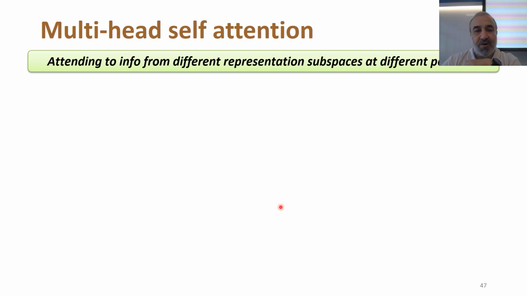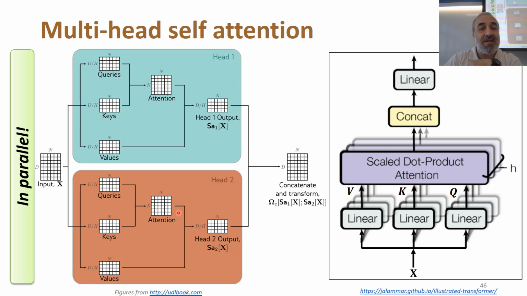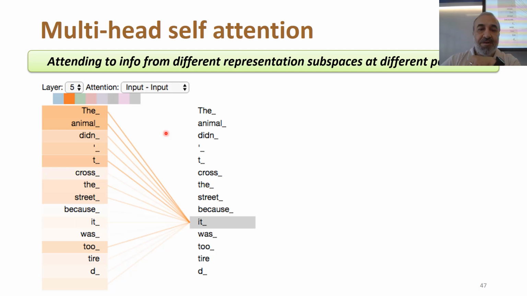And remember that because these are completely independent, it's like we are doing this attention in different representation spaces. In different spaces, we learn different relationships between the words. For example, this is the example that we saw last time. Remember, it refers more to the animal. That's one head.